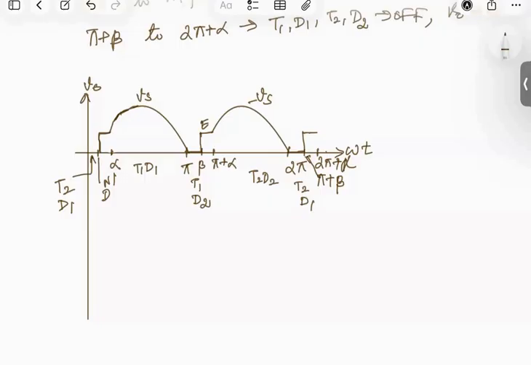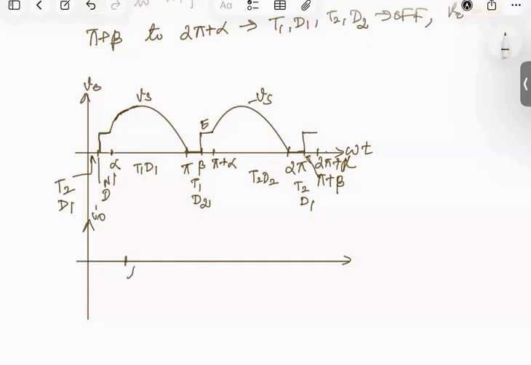From beta to pi plus alpha, we will have the output voltage following back EMF. Then pi plus alpha to 2 pi, we will have the output voltage following minus Vs, because the T2 and D2 combination are in conduction.